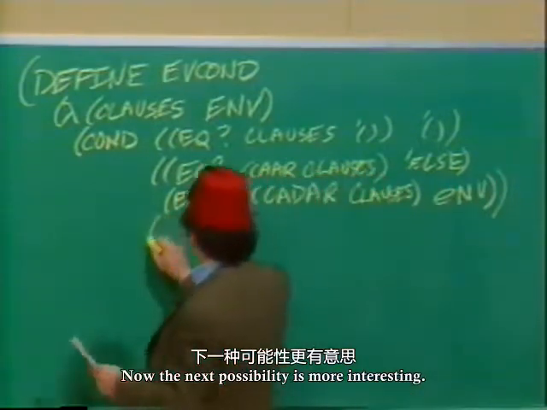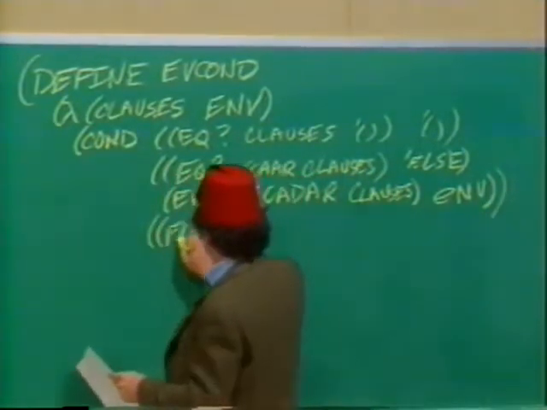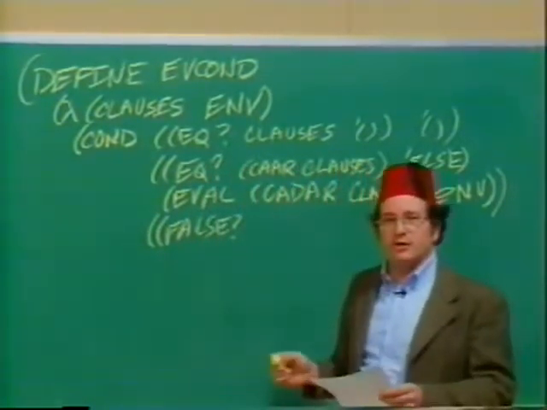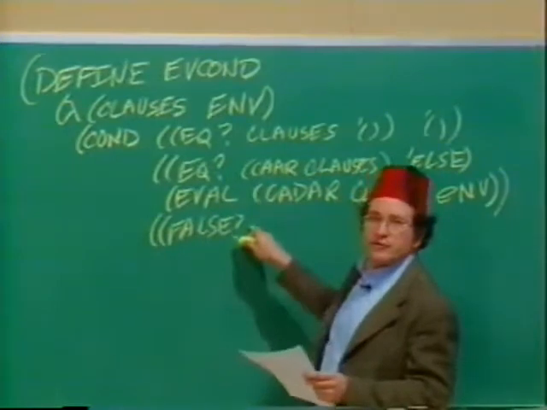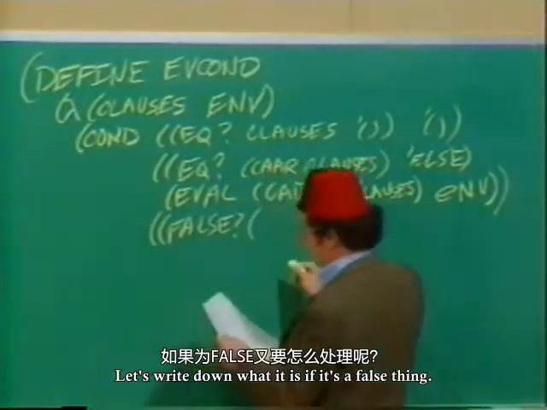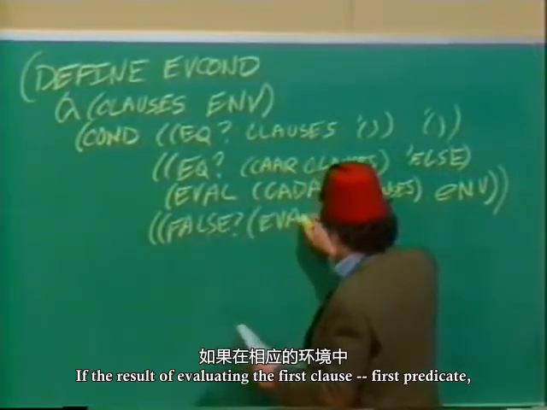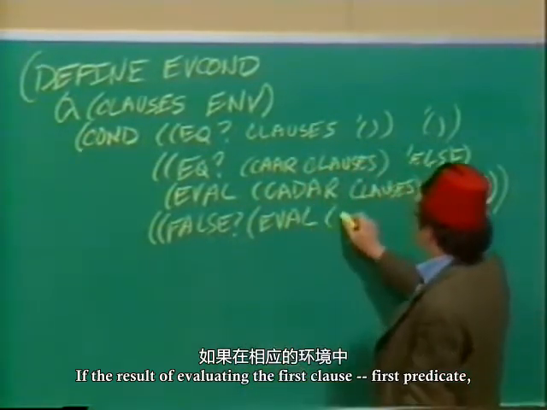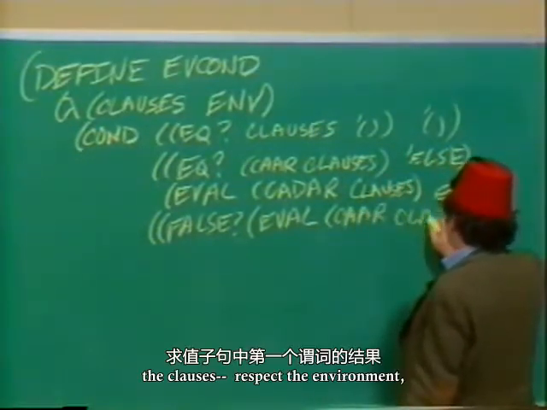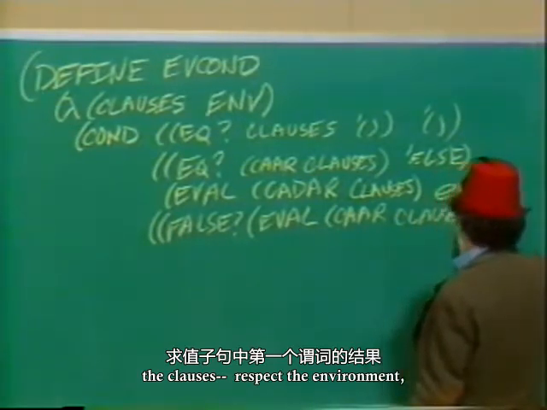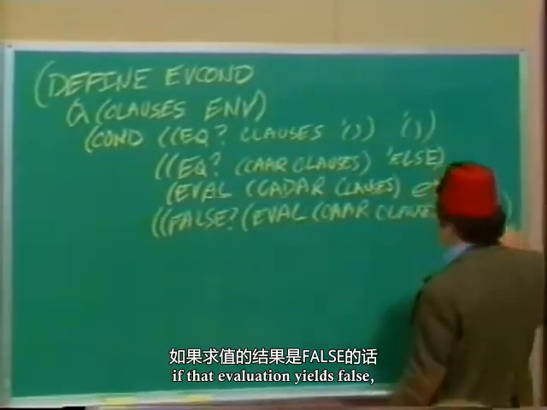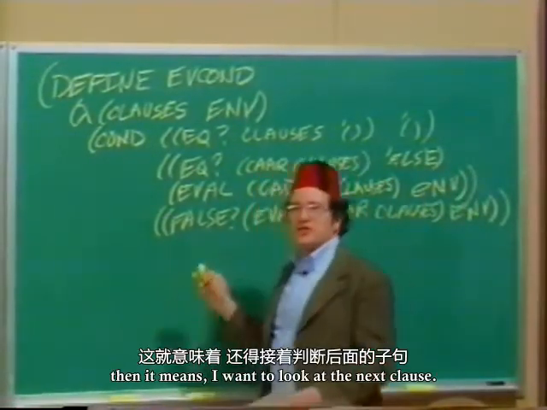Now, the next possibility is more interesting. If it's false, if the first predicate in the predicate list is not an else and it's not false, if it's not the word else, and if it's not a false thing, let's write down what it is if it's a false thing. If the result of evaluating the first clause, first predicate, of the clauses with respect to the environment, if that evaluation yields false, then it means I want to look at the next clause.